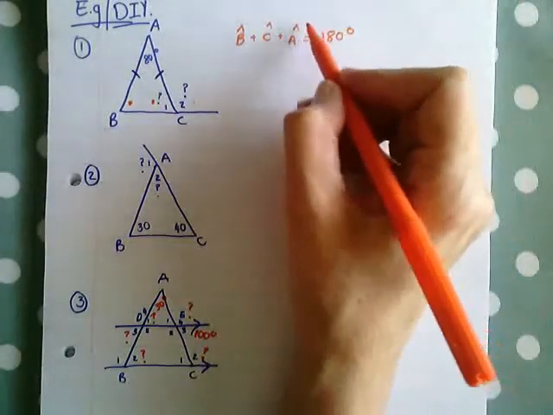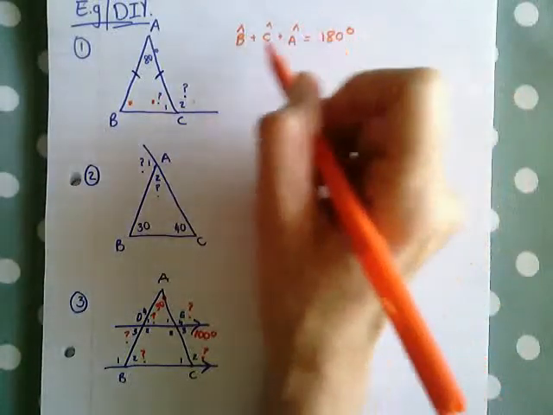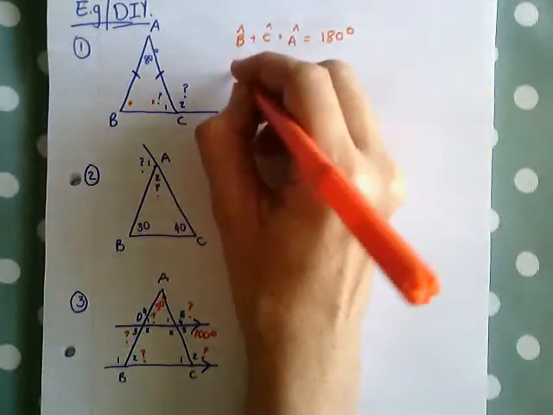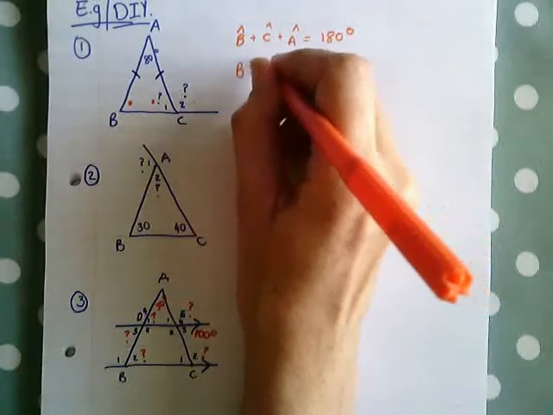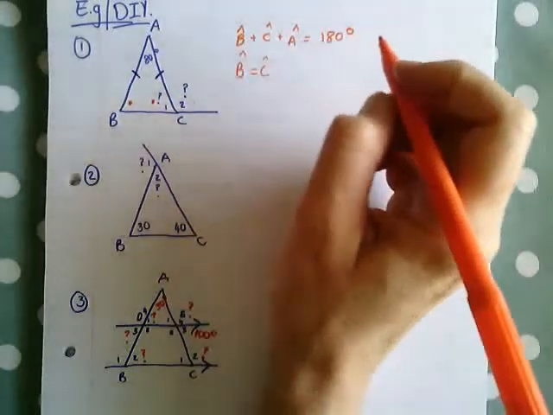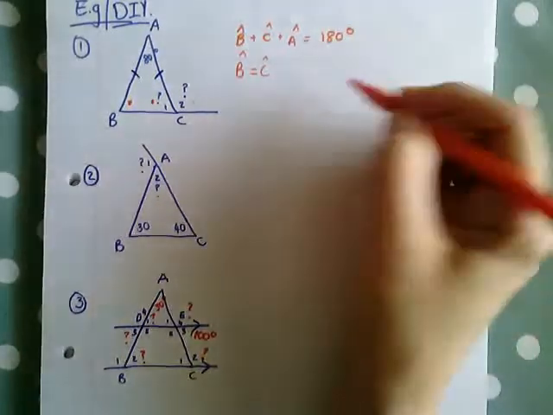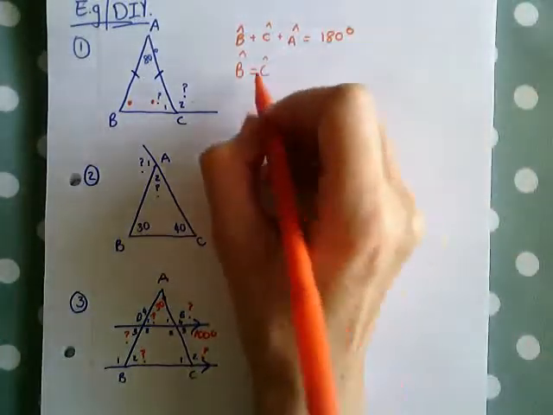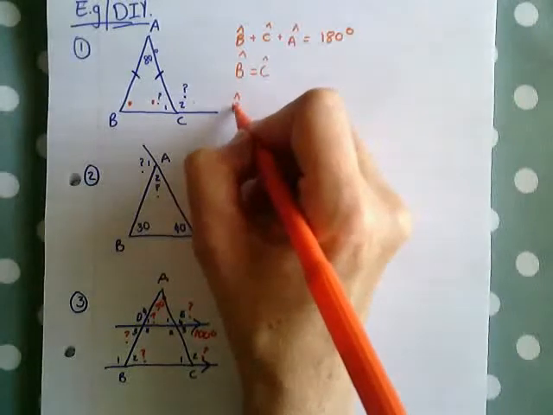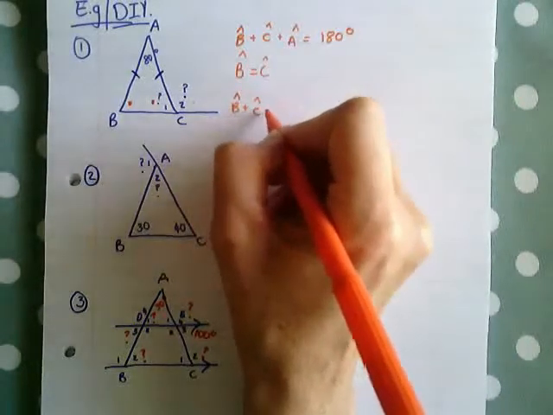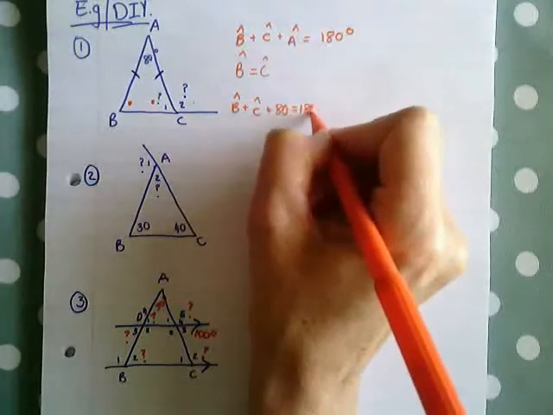But A, we already know is 80. But we also know that B is equal to C, right? So B is equal to C because it's the base angles of an isosceles triangle. Now, we know that A is 80 degrees. So angle B plus angle C plus 80 is 180 degrees.